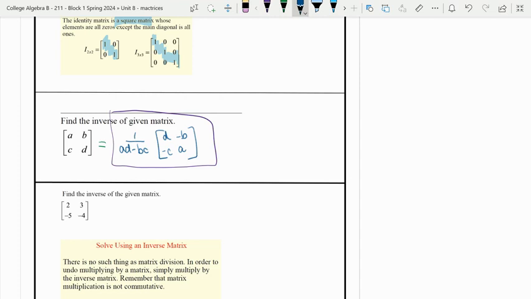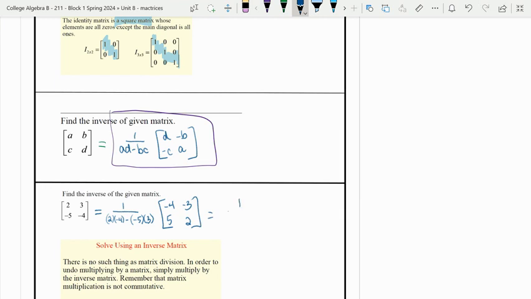So let's do an example real quick. Find the inverse of this matrix. It's 1 over 2 times negative 4 minus negative 5 times 3, times, take 2 and negative 4 and switch them, negative 4, positive 2. The other two become opposites, negative 3, positive 5.